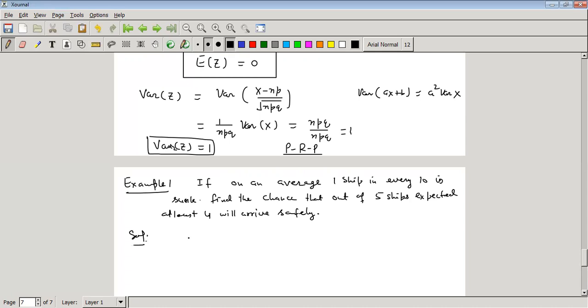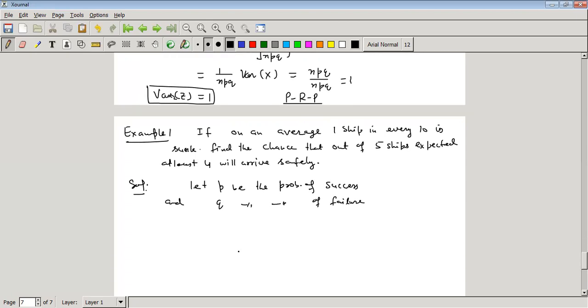So let P be the probability of success, and Q be the probability of failure. We know that P plus Q equal to 1.